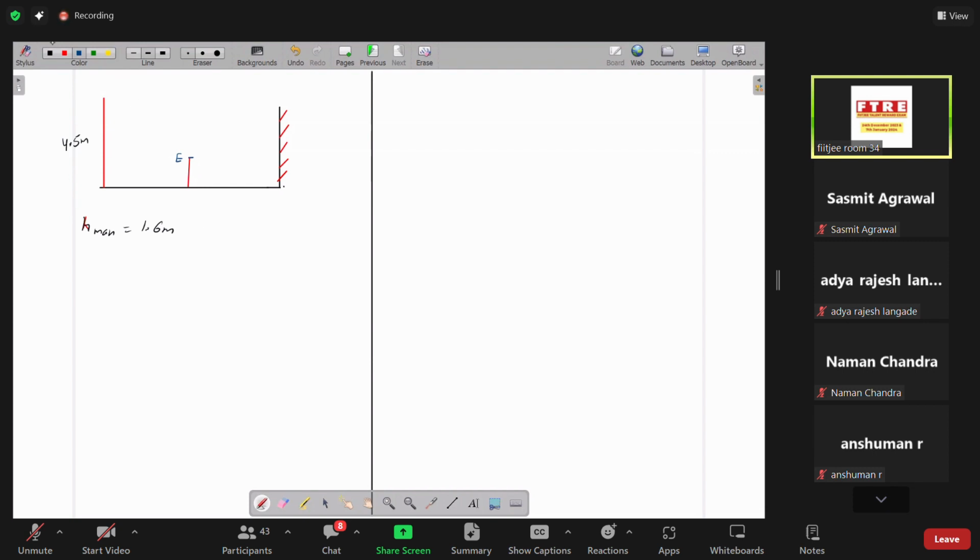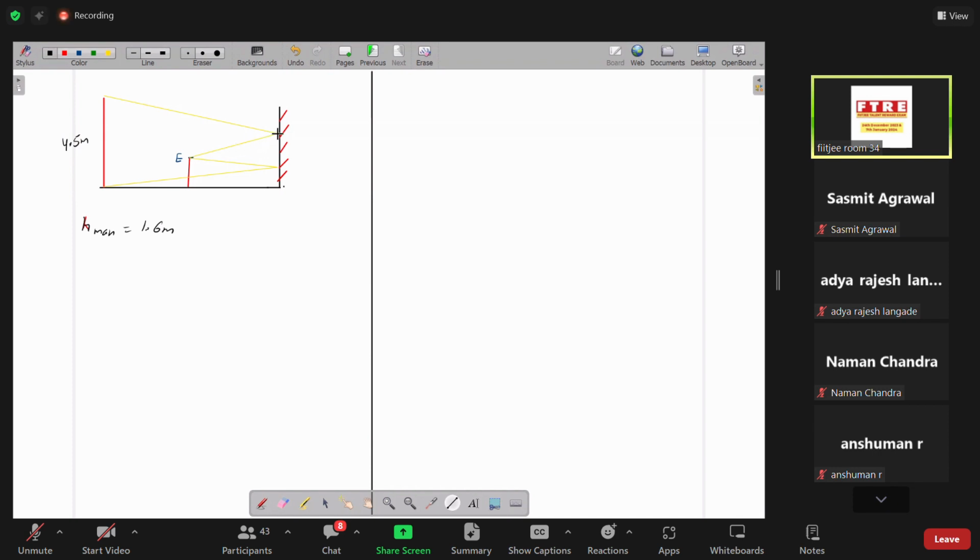So if the rays coming from the top of the wall and the base of the wall, after reflection, reach the eye of the man, the man will be able to see this wall. Take it like this, and like this. Right? Okay.